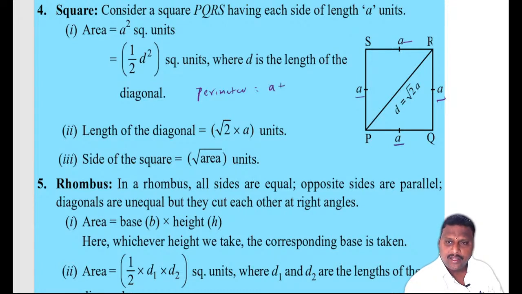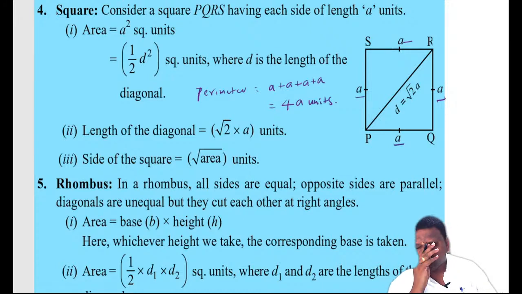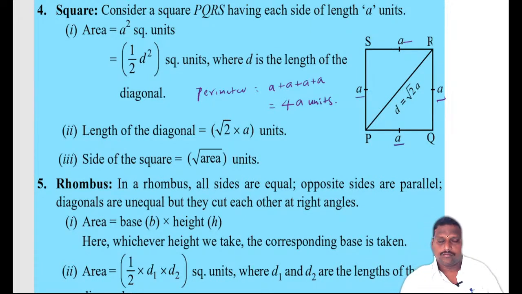A plus A plus A plus A, that is equal to 4A units. How much is it? 4 into side, 4 into A.